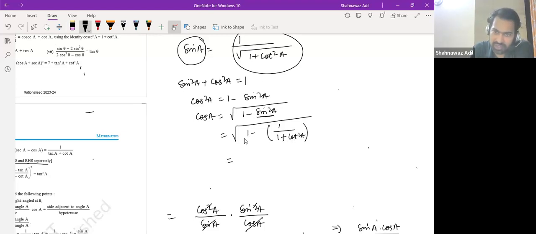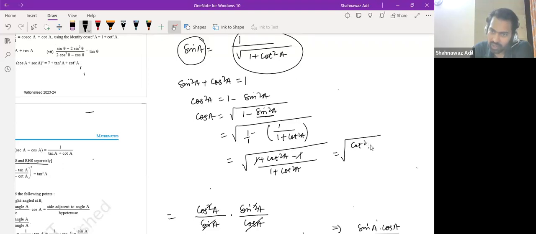Now if we take the LCM and simplify, this is 1 plus cot square A minus 1, divided by 1 plus cot square A. So 1 cancels and I have root of cot square A divided by 1 plus cot square A. So cot square root is cot A divided by root 1 plus cot square A. So I have calculated cos A.